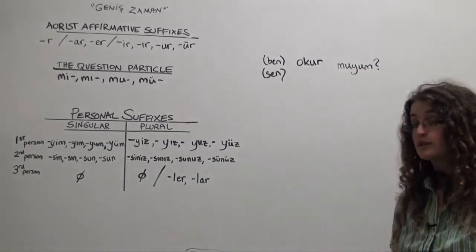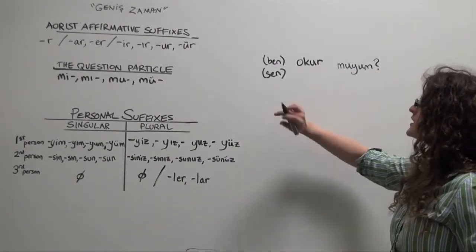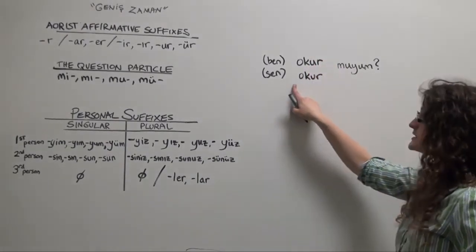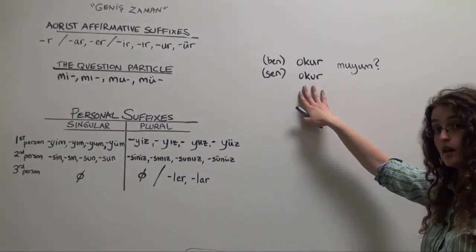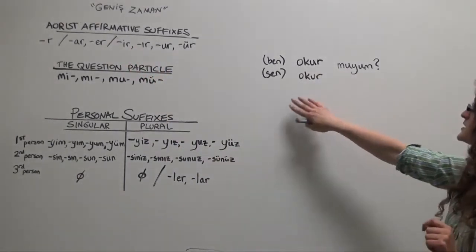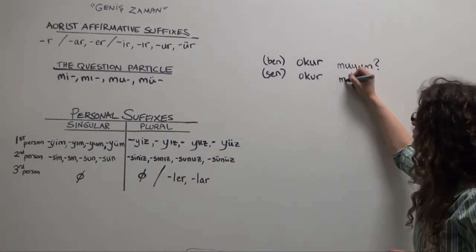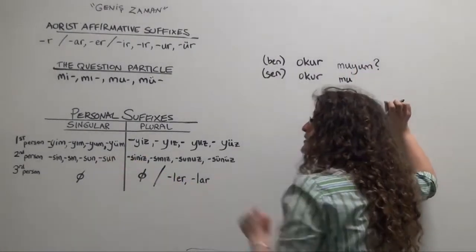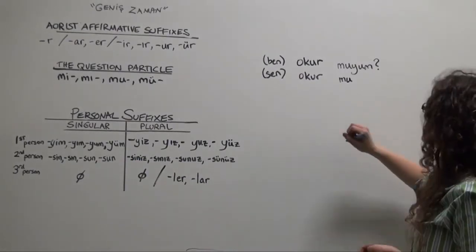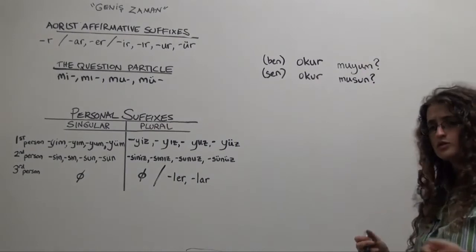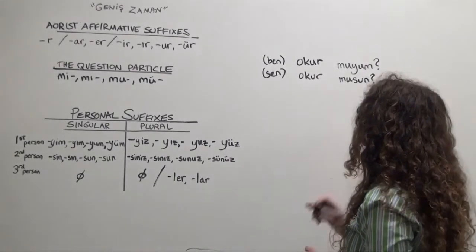And you can learn more about usage elsewhere. Sen okur, exactly the same, simply the stem of the verb plus its aorist affirmative suffix. Sen okur, new word with a question particle, mu, appropriate personal suffix according to the rules of four-way vowel harmony. Sen okur musun? Do you read?